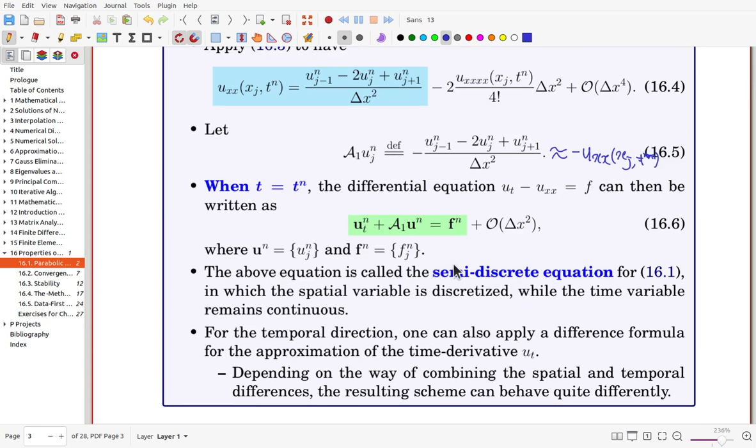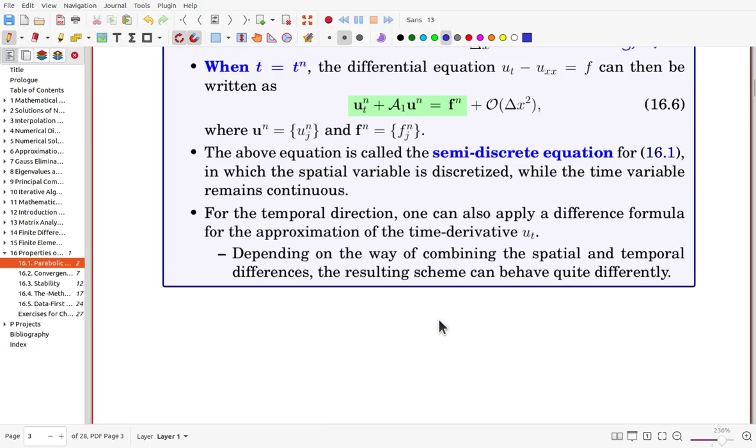For the temporal direction, one can also apply a difference formula for the approximation of the time derivative u_t. Depending on the way of combining spatial and temporal differences, the resulting scheme can behave quite differently. Let's begin now with the time discretization.